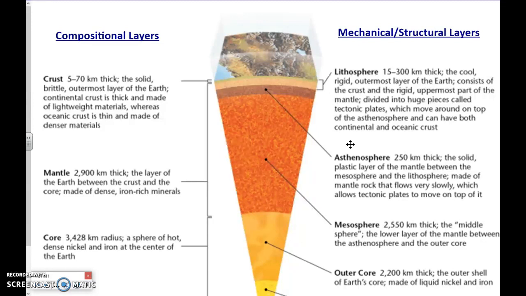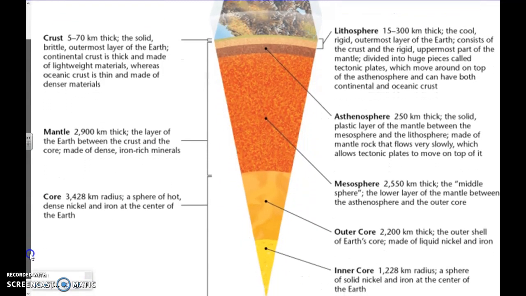Now underneath the asthenosphere you have the mesosphere. Mesosphere literally means middle layer. You can see that in its description. You have a mesosphere in the atmosphere as well. Middle layer, that's all it means. This one is solid, and after that, you have your inner core and your outer core. Now, your outer core is liquid.